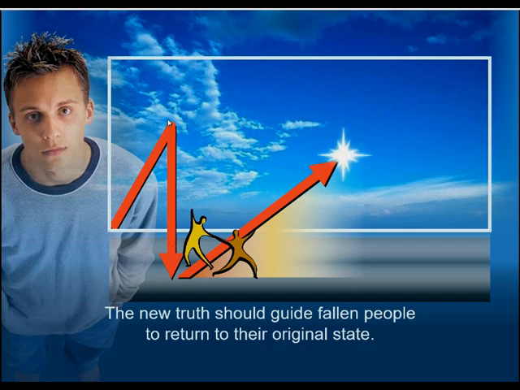This is what we call the original state. The new truth should guide fallen people, not just people who have fallen, but should guide people to the original state, to the position before they fell, to this position. From this position they would continue to grow.